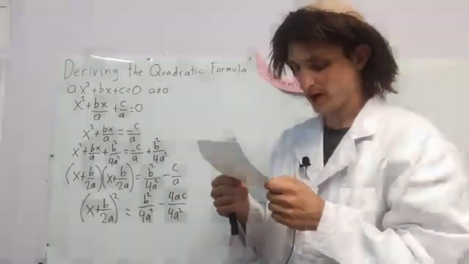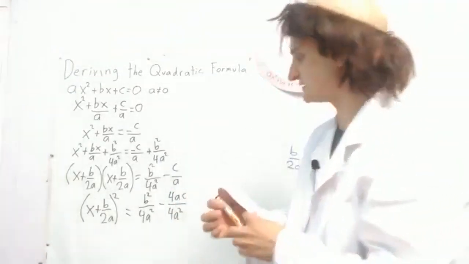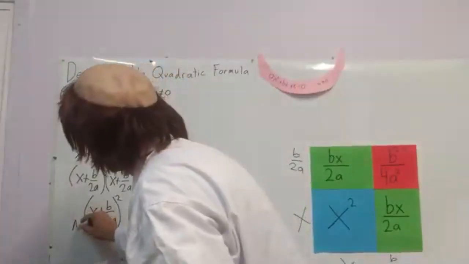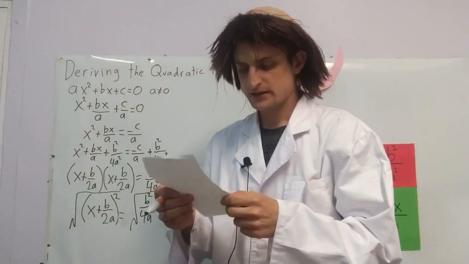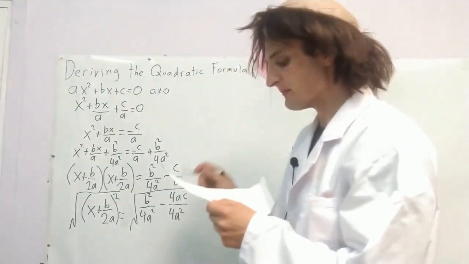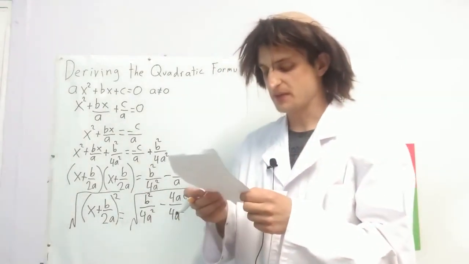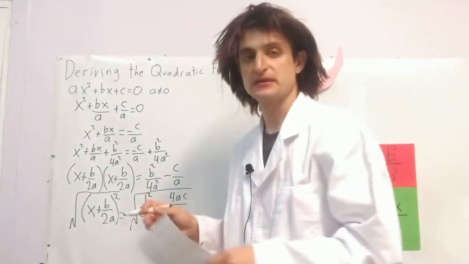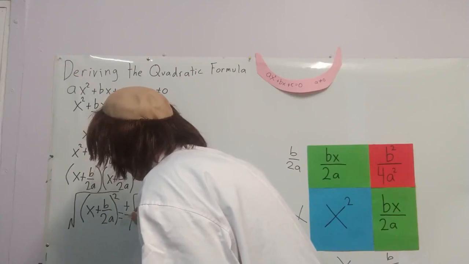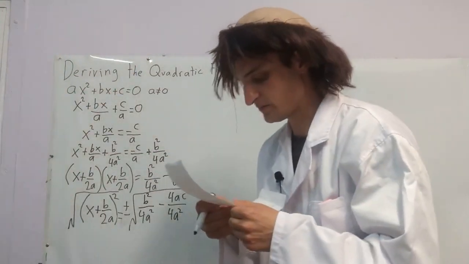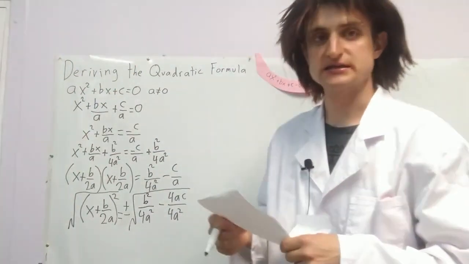It says square root both sides. Step number 9. Remember, on the right, you need a plus minus sign. This means plus or minus. There will be 2 solutions.